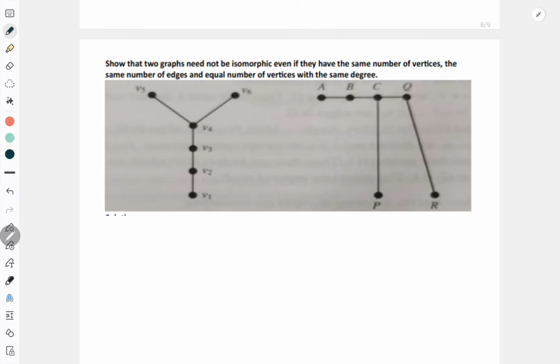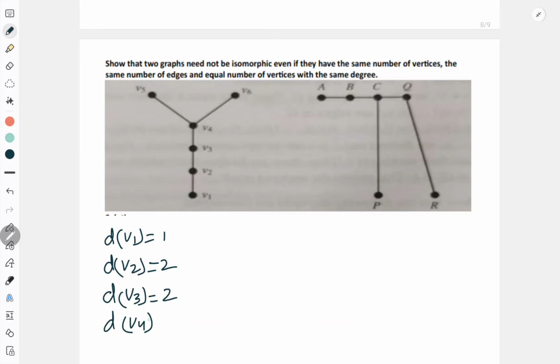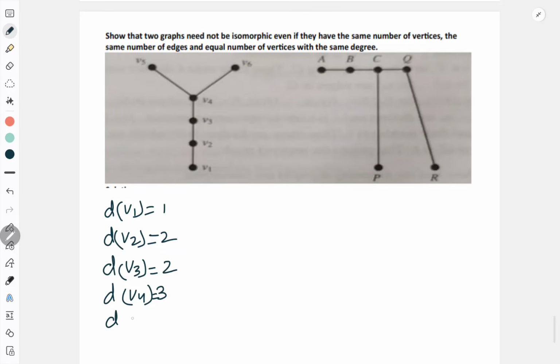Okay, see, I have a vertex. Degree of V1 is how much? 1. Degree of V2 is how much? 2. Degree of V3 is how much? 2. Degree of V4 is how much? 3. Then degree of V5 is 1. Degree of V6 is also 1.